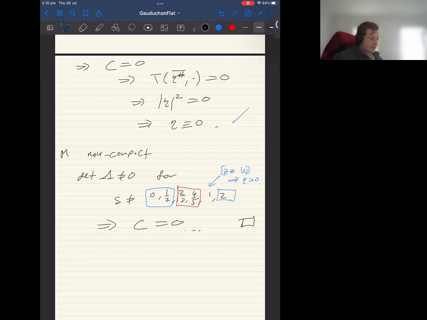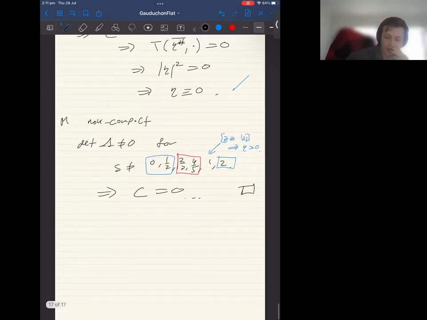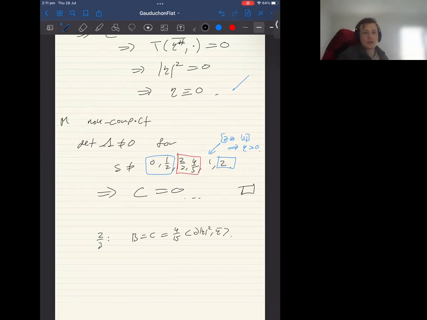What you get in the remaining case, basically the system reduces to, I think for 2/3, something like B equals C equals, I don't know, 4/15 of this guy. And something similar for 4/5. So it's rank 1 or 2 in those cases. So this is basically all the information you get out of it. You can conclude some things from it, but it wasn't enough to conclude Kähler.